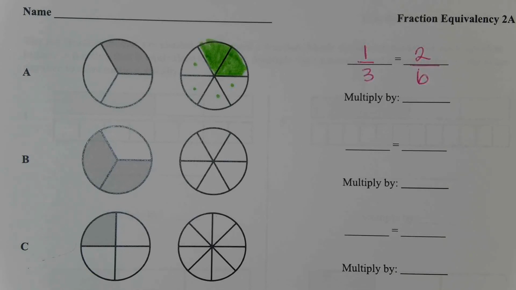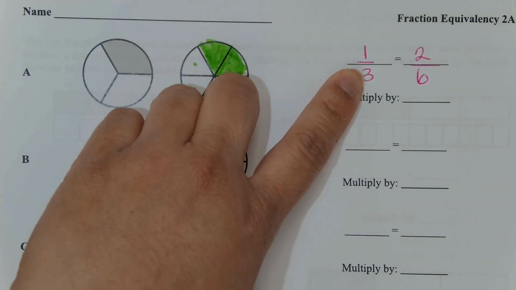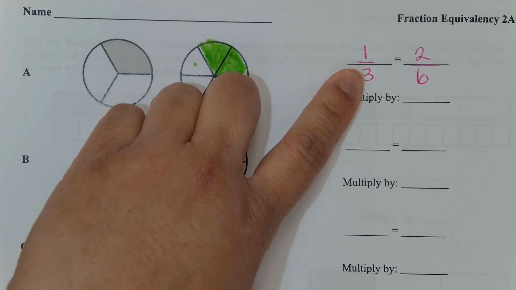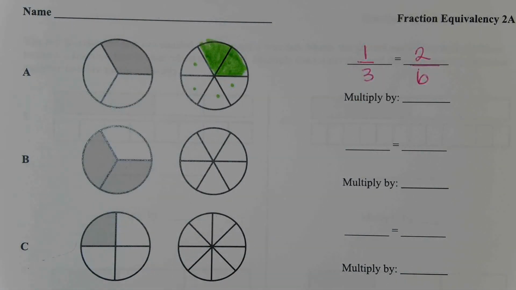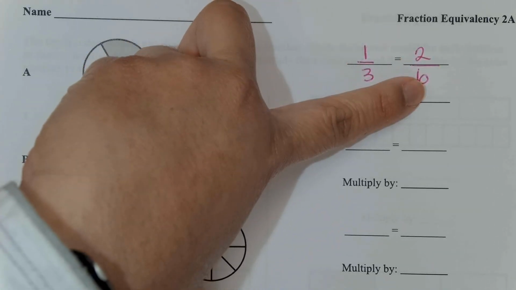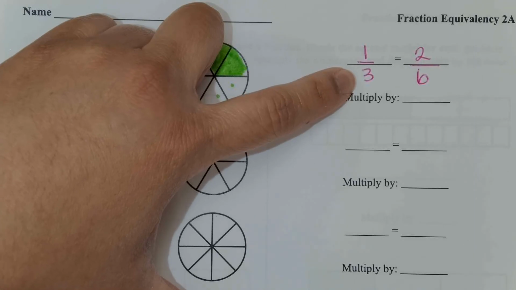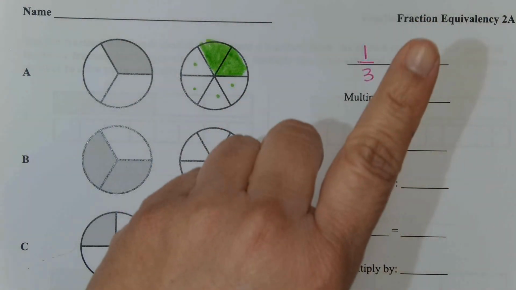So now, what can we do to the denominator? Remember we did this yesterday? What can we do to the denominator and the numerator of 1/3 to equal 6? Well, we can multiply both the numerator and the denominator by, well, let's count by 3s. 3, 6.